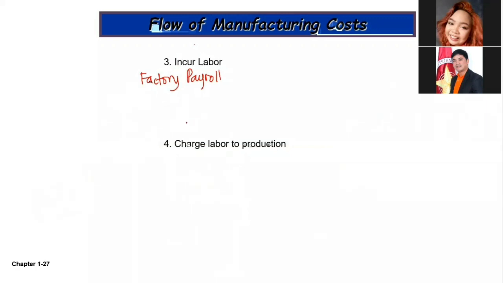Pero to be more specific na ito ay nasa factory, pwede naman siyang lagyan ng word na factory. Pag ginamit mo ay payroll, factory payroll is an expense account. Okay? Pag payroll lang ang ginamit mo, it is more general. That could include yung OPEX natin. Pero kapag factory payroll, very specific tayo na ito ay may kinalaman lang sa production area.